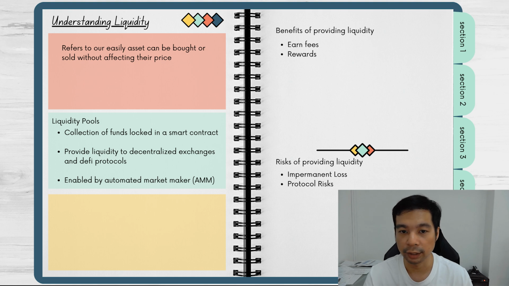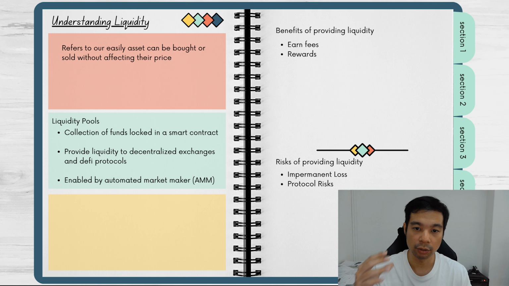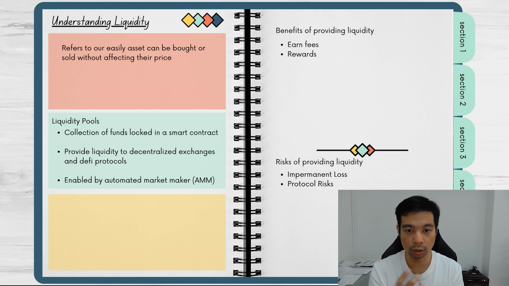Just to give you an example. Let's say you deposited $100 of Ethereum and $100 of USDC, so the total is $200, and you put it into the liquidity pool. If Ethereum drops in value to $50, you might be earning fees on the trades, but overall the portion of Ethereum is now worth much less than previously, and you would have gotten more USDC, but the total combined value is now worth less than $200, inclusive of the fees.